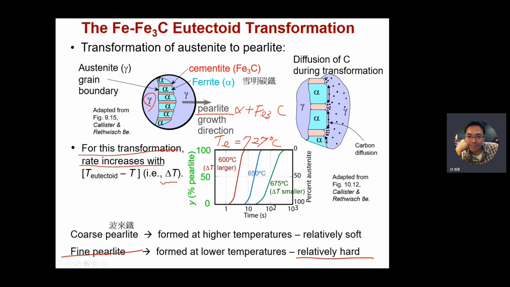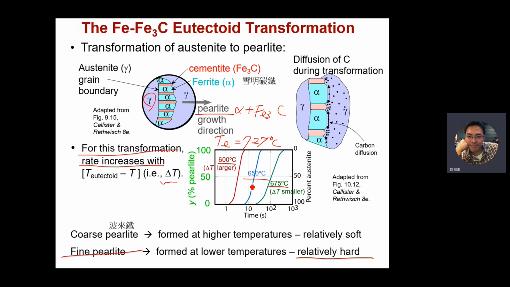If we cool it to three different temperatures: 600, 650, and 675, the temperature 600 has the higher delta T, and 675 has the smaller delta T.